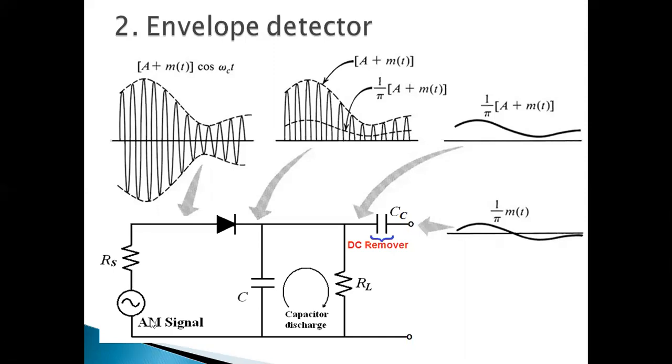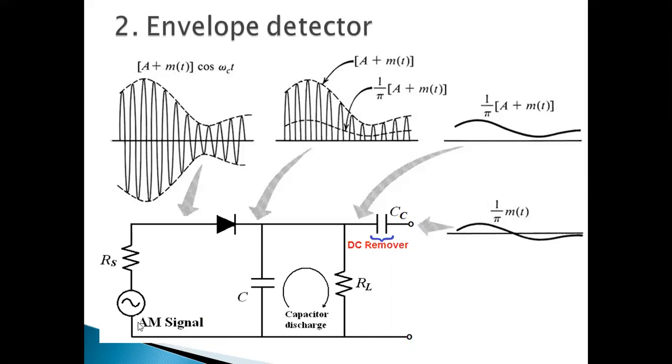AM signal. What I am telling is, the input for the demodulation is the modulated signal. Am I right? AM signal means amplitude modulated signal. This is the input for demodulation, but is it high frequency or low frequency?